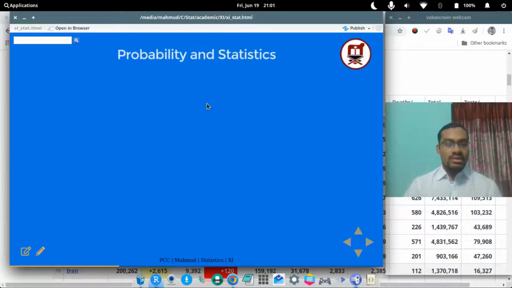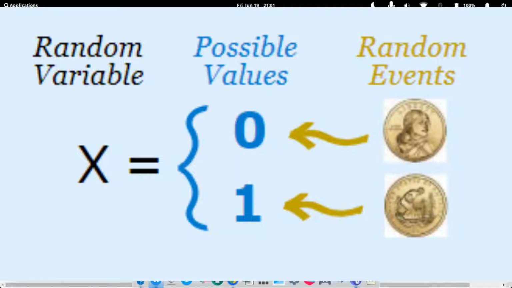Now, what is the relationship between probability and statistics? Statistics works with random variables, variables whose outcome is associated with probability and cannot be predicted exactly. The simplest example is if we toss a coin, we don't know what will appear, heads or tails.